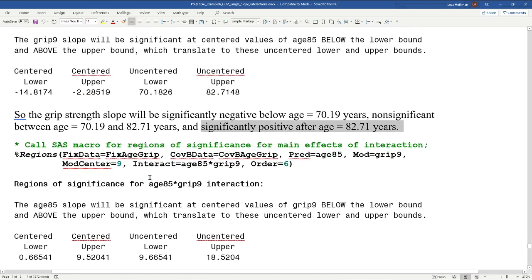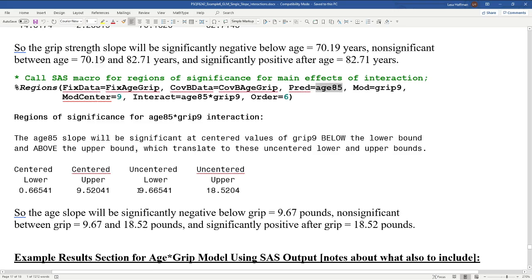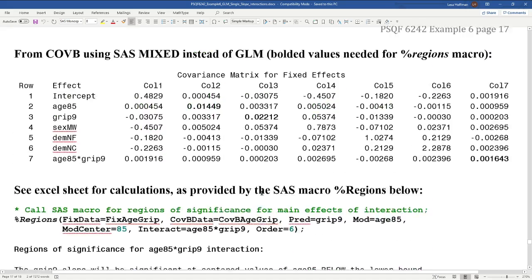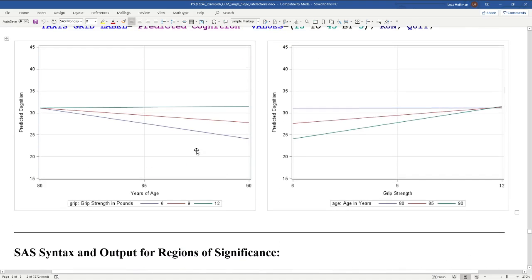If we do the same thing in reverse, look at the effective age with grip as the moderator, then we get the regions of 9 pounds of grip and 18 pounds of grip. So going back to the picture where we have the effective age now is the thing we're focusing on.